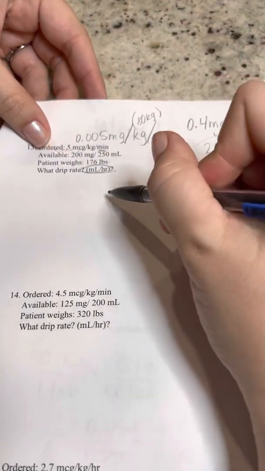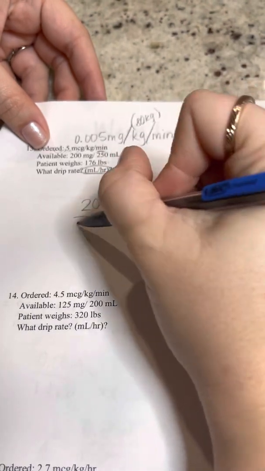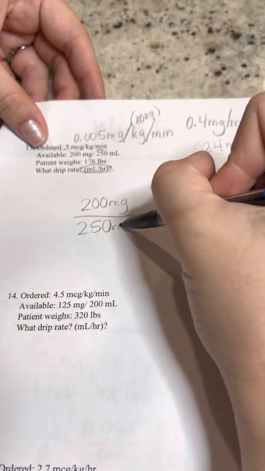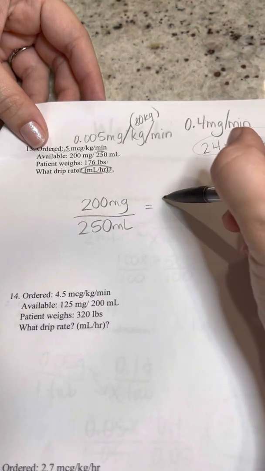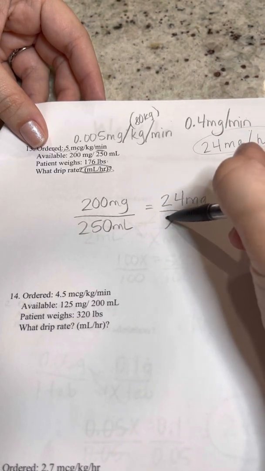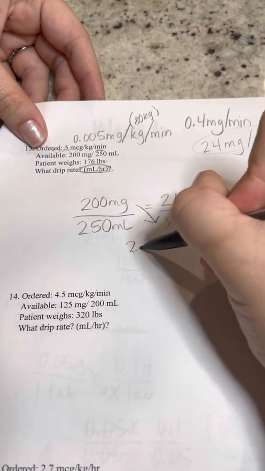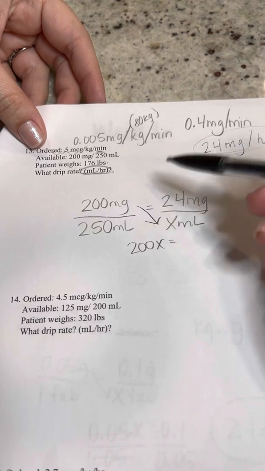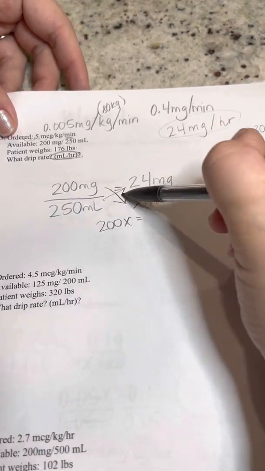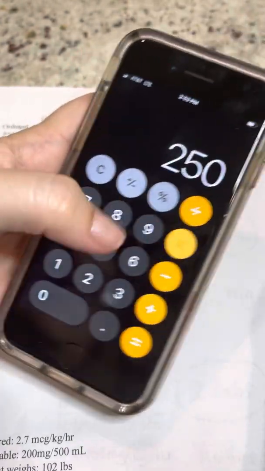For our table, remember this is how much our patient needs per hour. So for our table, what we have available is 200 milligrams in 250 mLs equals, and our patient needs 24 milligrams, and we need to know how many mLs that is. 200 times X equals 250 times 24. 250 times 24 is 6,000.